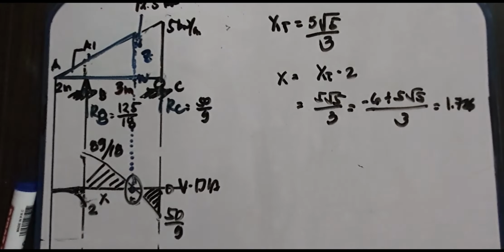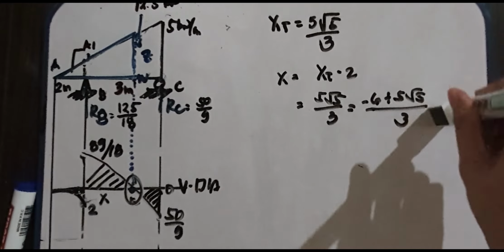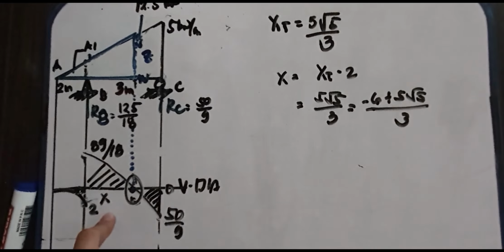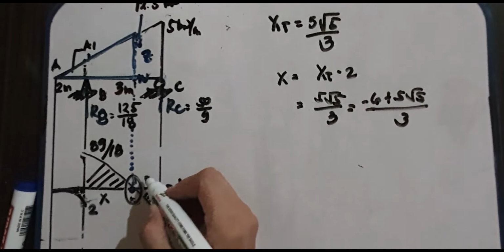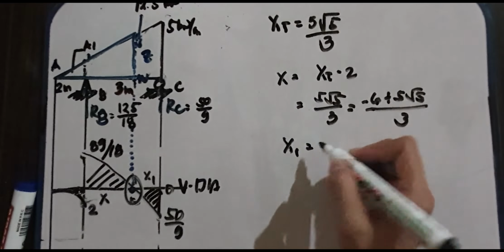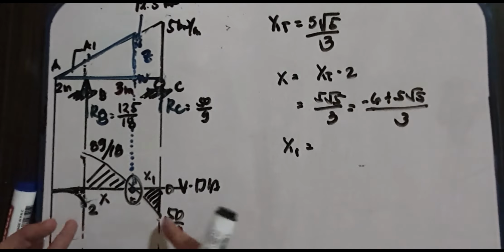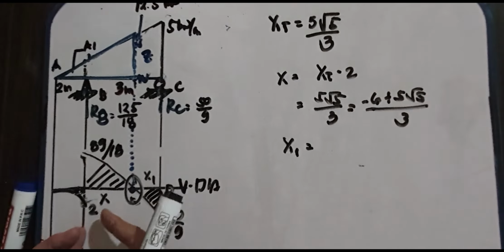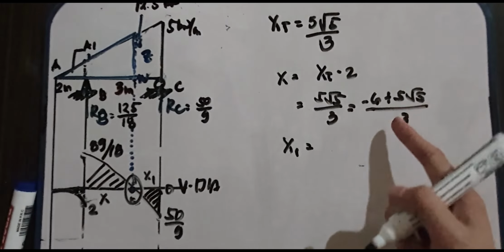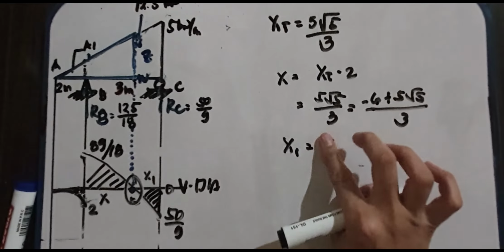So, yan yung gagamitin natin for your distance. Pero, as much as possible, sabi ko nga, fraction lang tayo, wag decimal points para mag-zero yung moment natin. So, ilalagay natin siya as your X here. Oh, how about this one? So, we have X, lagay natin ng 1. So, X1 naman. Since this is 3 meters, and alam naman natin na this X is a value of negative 6 plus 5 square root of 5 all over 3, i-minus nyo lang sa 3.